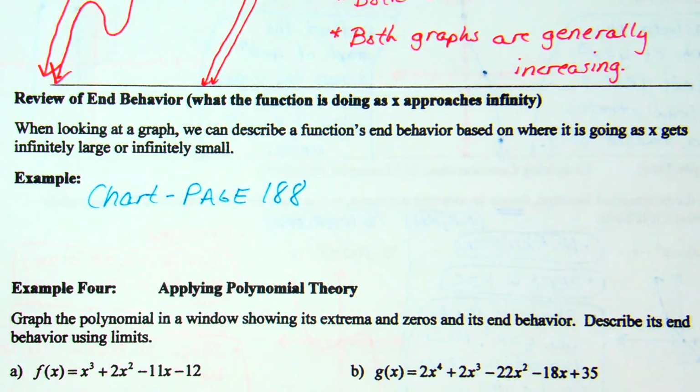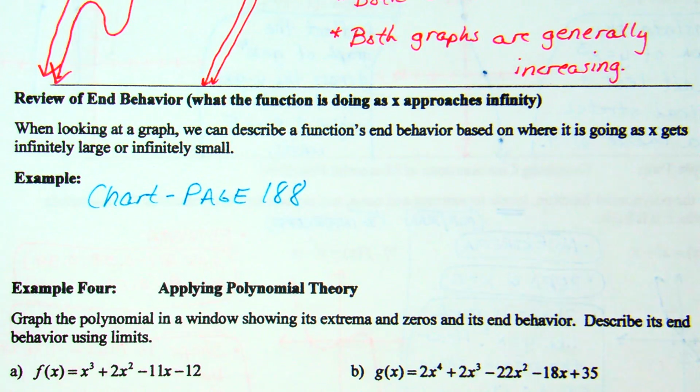And so when I'm talking about going to the ends, I'm talking about going all the way left and all the way right. That's end behavior. Is my graph just going off along the x-axis, so it's going off along 0? Is it going way up high and going off to positive infinity? Or is it going way down low and going to negative infinity? Those are the types of things we're going to talk about.